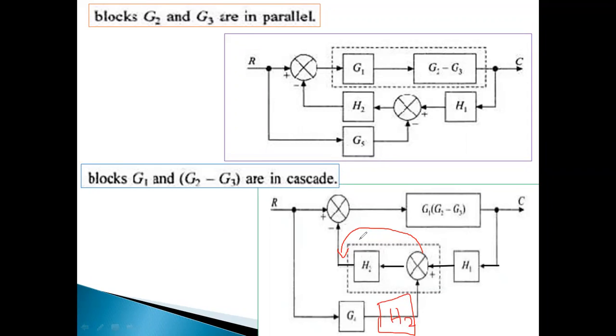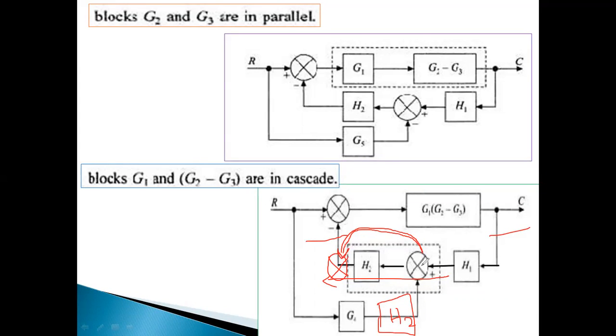If it is moved to this portion, a block H2 is added, because if we consider this path from this point to this point, it is in the forward direction. This summing point is moving in the forward direction only.